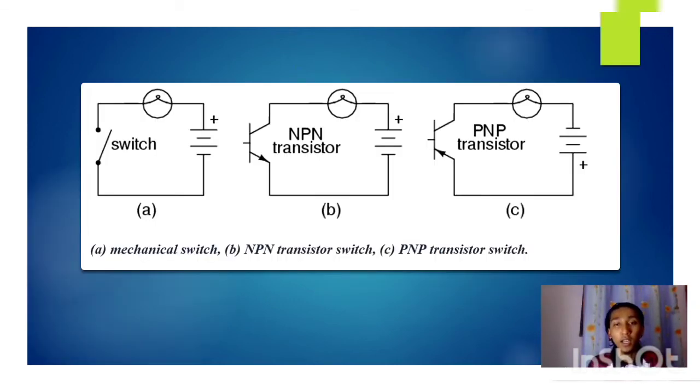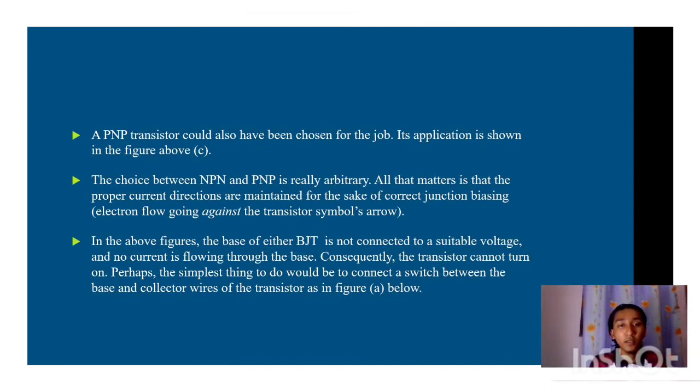Ni adalah gambar untuk BJT. Yang pertama tu A untuk mechanical switch, B untuk NPN transistor switch, dan C PNP transistor switch. Ni adalah huraian dia. A PNP transistor could also have been chosen for the job.